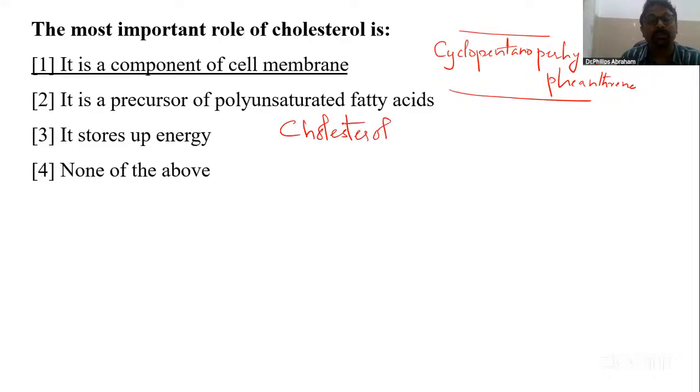Write the word cholesterol. Divide this word into chole and sterol. Chole means bile. See how the word came? It's a sterol present in bile. That's how the word came. Now, what are the major compounds produced from cholesterol? First one, from the word sterol, all steroid hormones.